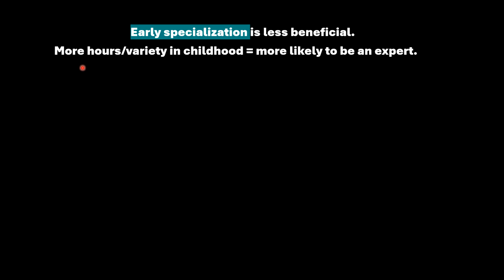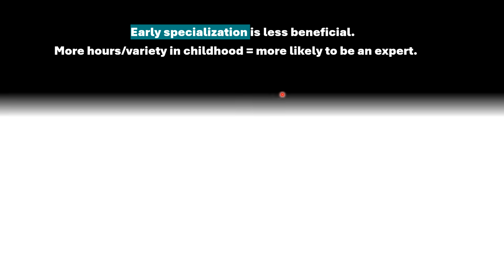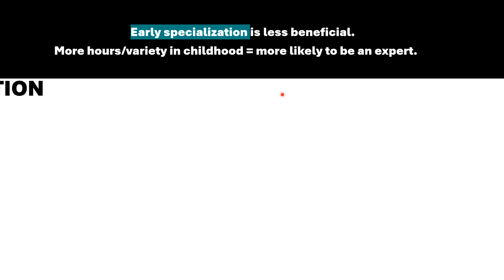Essentially, the more hours of variety in childhood, the more likely one is to be an expert later on when specializing. Okay, so the best athletes practiced a lot of sports when they were young and then became the best at a certain thing compared to those that were doing only one sport their whole childhood. That ends nonlinear pedagogy.